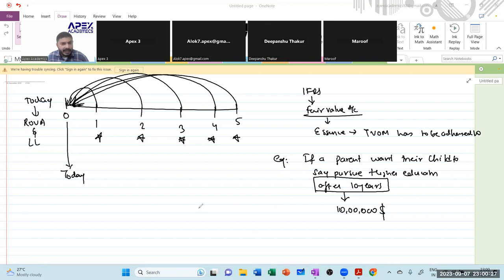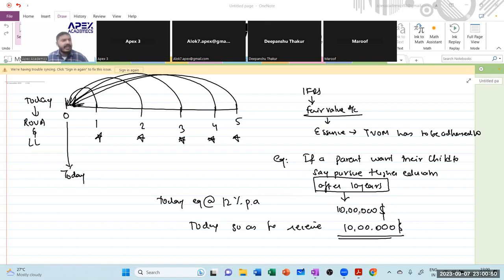How much money do they have to invest today, at the prevalent market rate of interest, which can be, let's say, 12% per annum, so as to receive $1 million after 10 years?